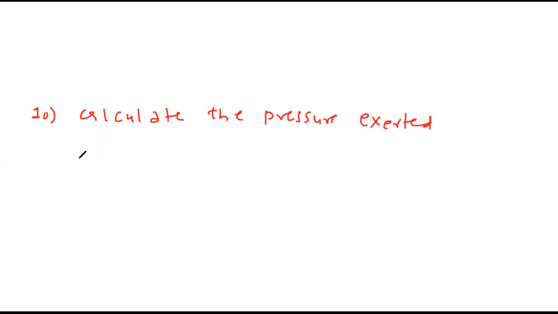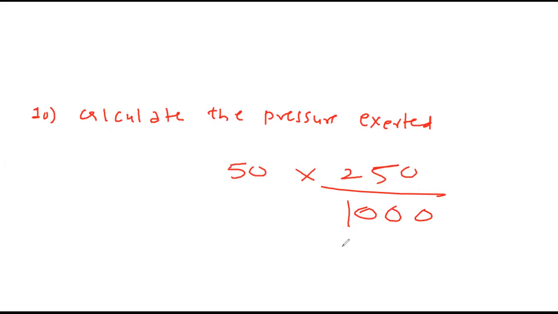Sir, I have a doubt. 50 into 250 upon 1000. I cut all the zeros, and it was 5 into 25 upon 10. Okay, I understand.